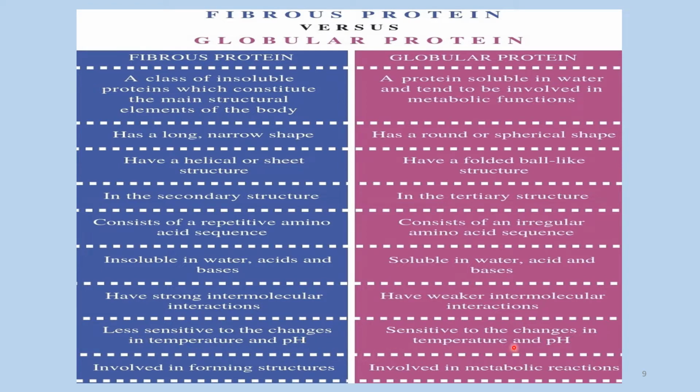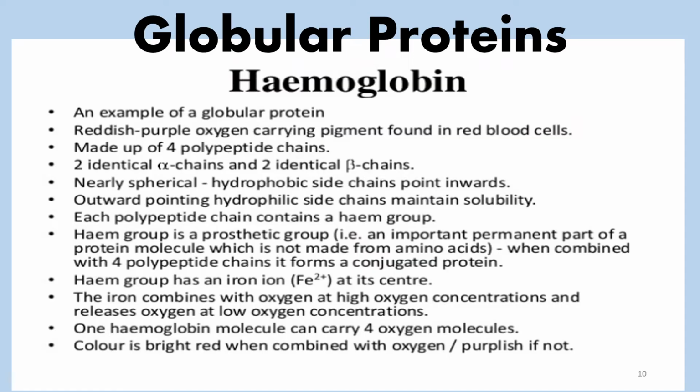While globular proteins have weaker intermolecular interactions and are weaker in their structure, they are sensitive to changes in temperature and pH. Globular proteins can be denatured by a change in temperature or pH, and their function can be altered. Fibrous proteins are involved in forming structures, while globular proteins are involved in metabolic reactions.